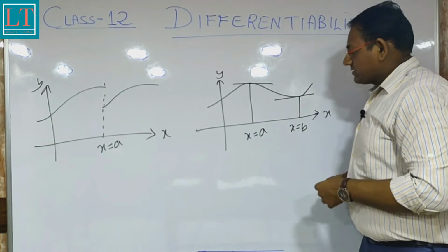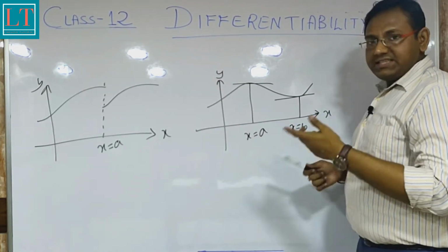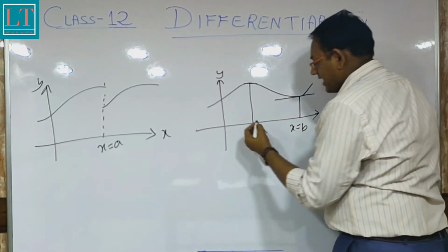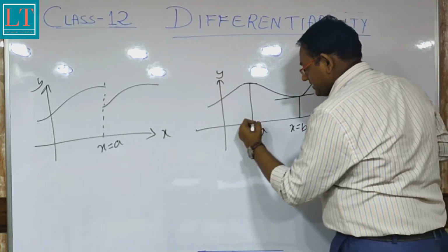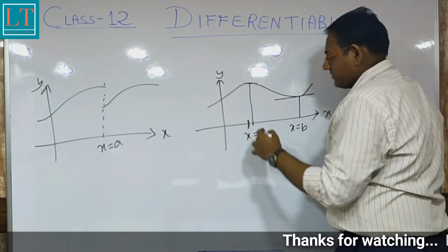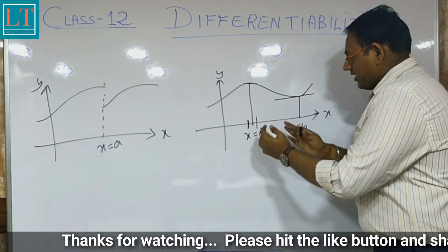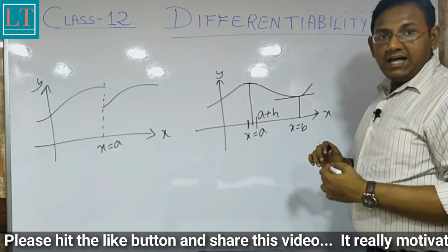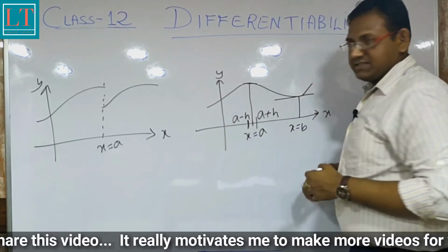In the continuous curve, if we want to draw the tangent at the point A, let us take a point just before A and one more point just after A. The point just after A is called A plus h, and the point present before A is called A minus h.